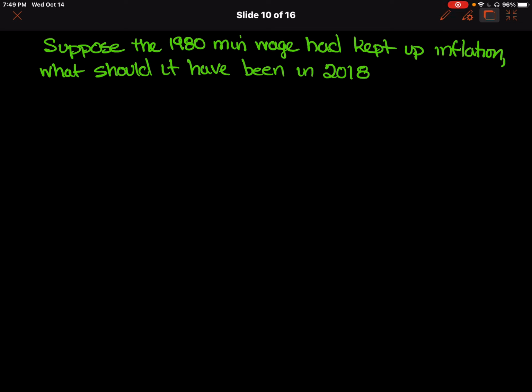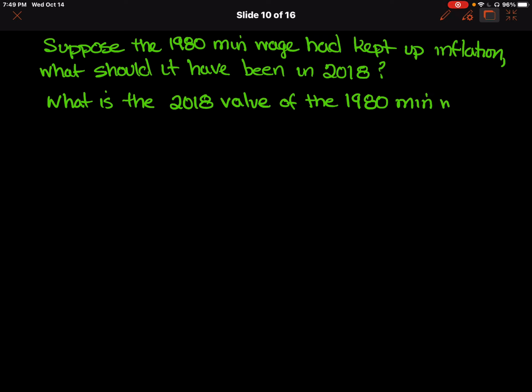But for example, you can think about this along the lines of what we were just describing. So what is the 2018 value of the 1980 federal minimum wage?